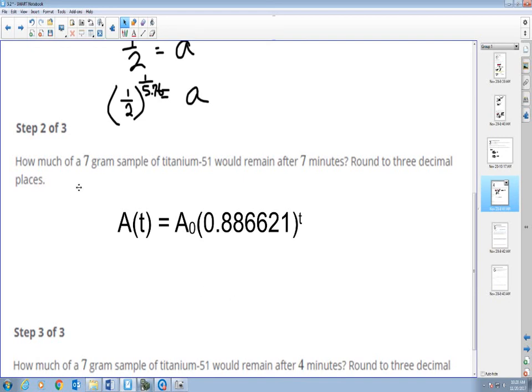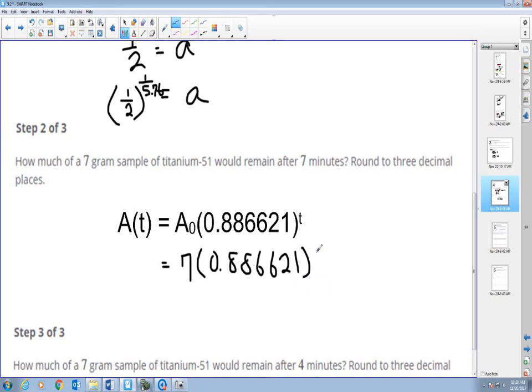So now, how much of a 7-gram sample? If I have 7 grams to start out with, times my rate, 0.886621, after 7 minutes. This is the decay rate for the half power.